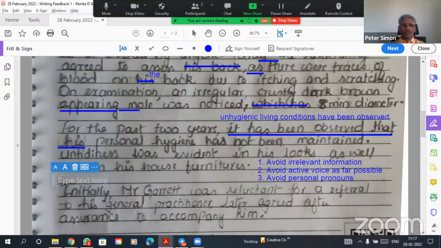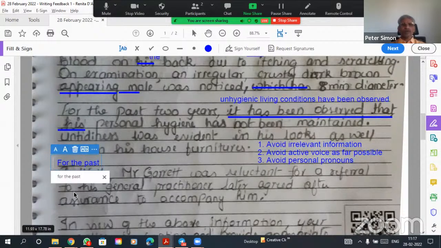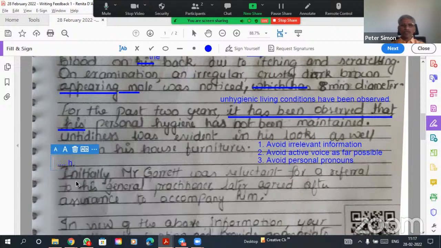Or, hygiene was not maintained properly.